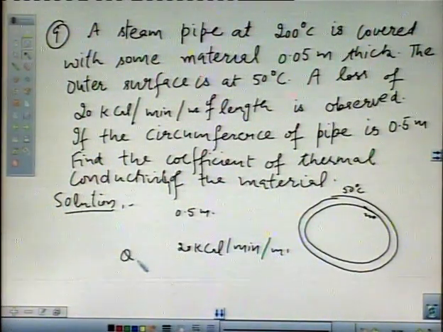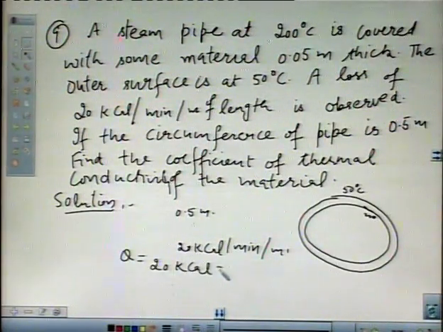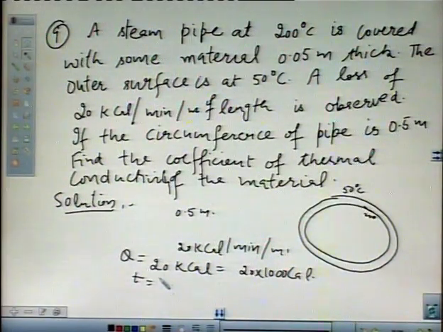Heat lost Q is equal to 20 kilocalorie, which is equal to 20 into 1000 calories. The time is given as per minute, so 1 minute, which is equal to 60 seconds.